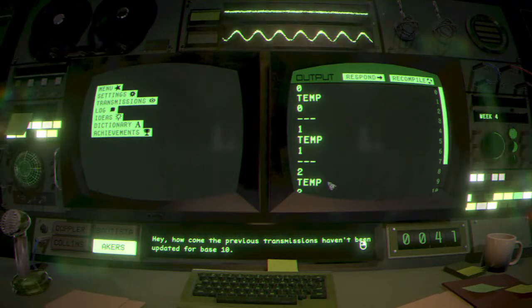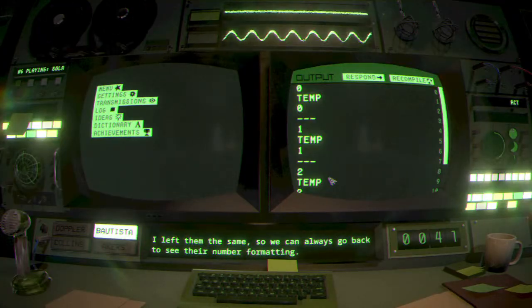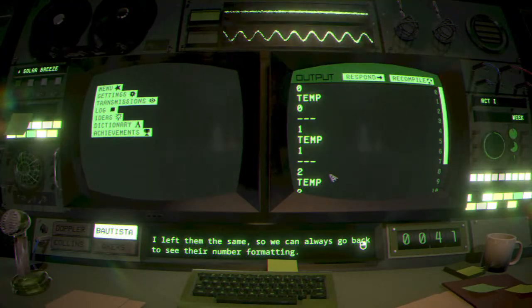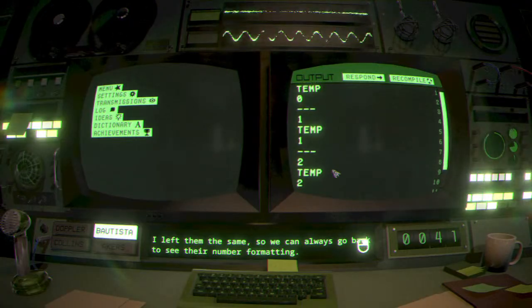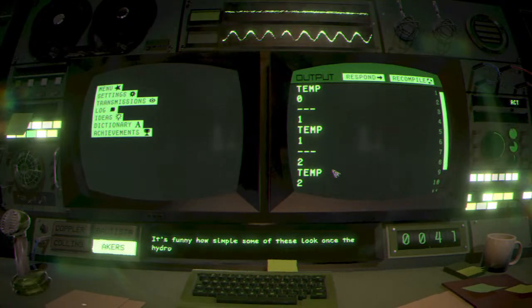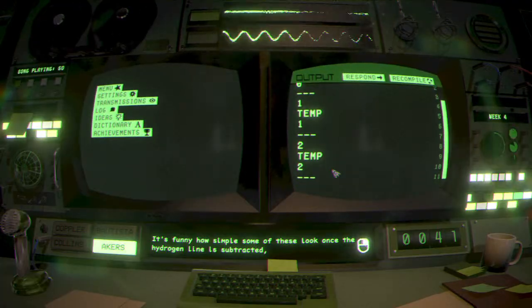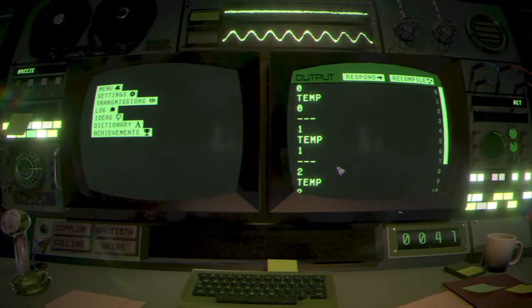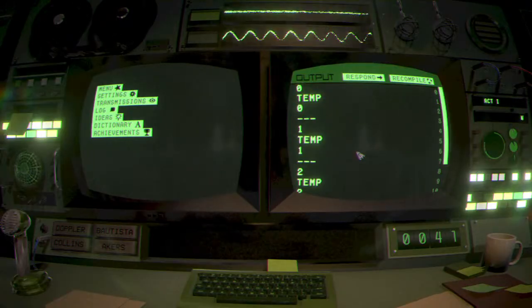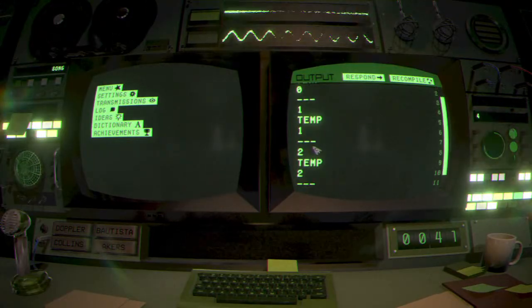How come the previous transmissions haven't been updated for base 10? Often the same, so you can always go back to see their number formatting. I didn't even realize it was updated to be base 10. When did that happen? That's how they're telling me it's in base 10. It's peculiar.